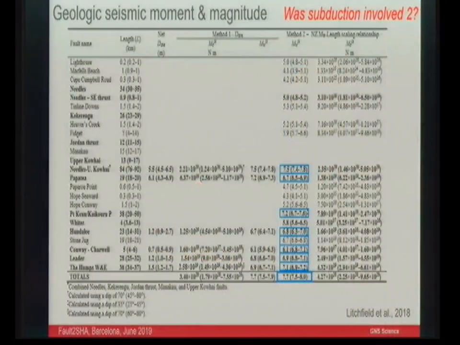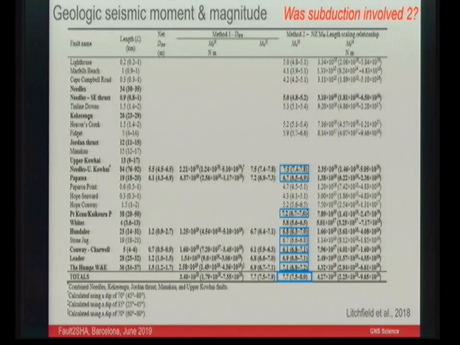When we do that, we can just look at displacement and think about the dimensions and turn that into a seismic moment, or we could also use what we've used in New Zealand as a magnitude-length scaling relation as well. So we've got a couple of methods here of how to derive moment and magnitude from surface faulting.